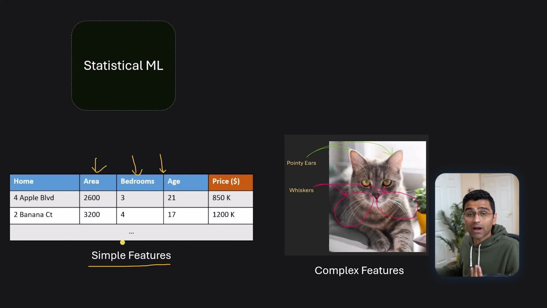In the case of house price prediction, you have structured data: area, bedroom, etc. So these features in an image are called complex features. The cat's face could be at a different angle, and this ear can be in, let's say, this corner, or let's say the legs are not present at all. So that makes the image detection problem much more complex, and sometimes you can't use statistical ML for this.